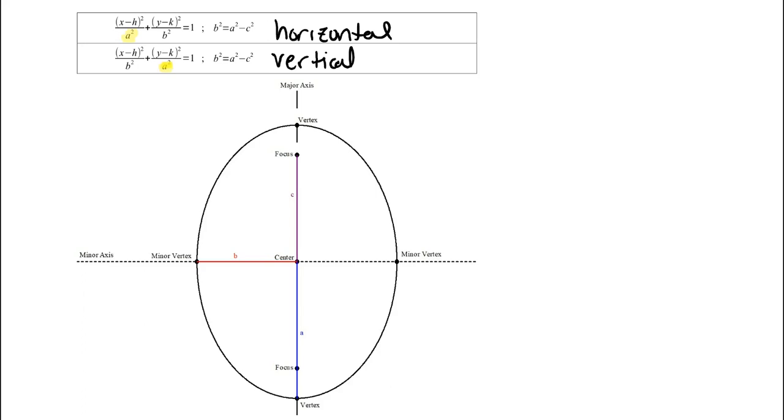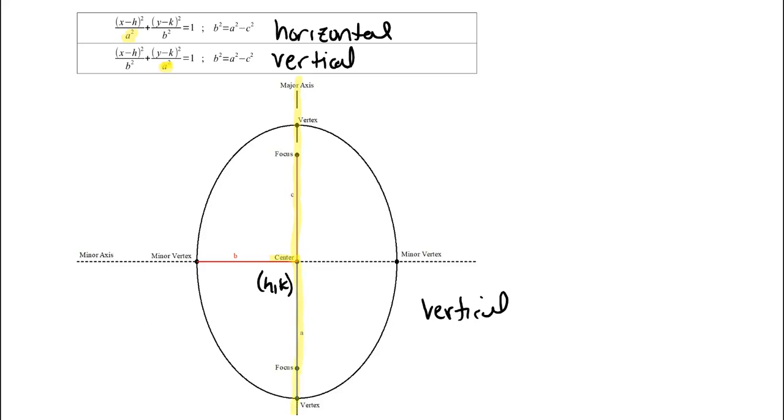Now I've drawn a picture of the vertical orientation. And with the ellipse, you have a center, which we label with H, K. And because this is a vertical orientation, we're going to focus along the vertical axis for most of the important features of this graph.